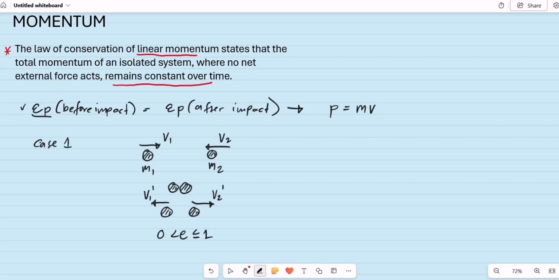So we do the summation before: m1 v1 plus m2 v2 is equal to m1 v1 prime after impact, plus m2 v2 prime. So this will be our key equation if two colliding objects are to move separately after collision.